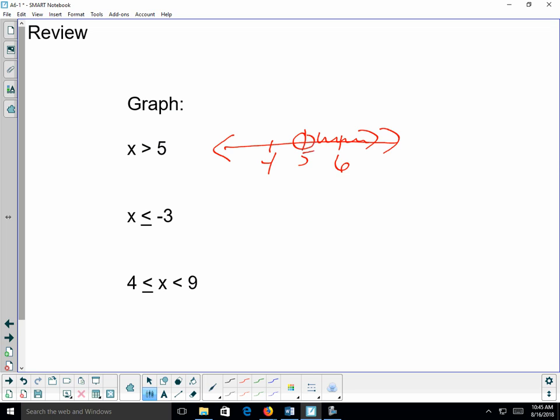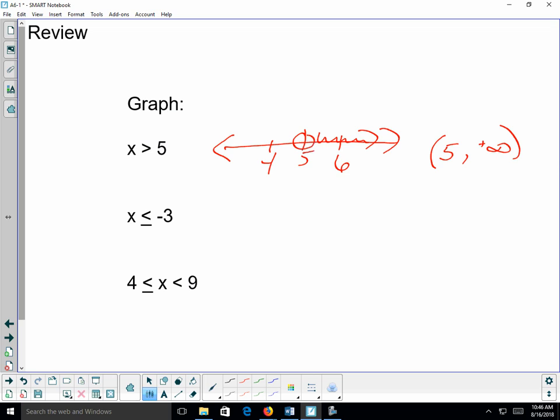To write this in interval notation, that's where I use either parentheses or brackets. My lowest number is 5, and the highest number is positive infinity. Since it does not include the 5, I'm going to write a parenthesis to show that the 5 is not actually included. And anytime I have infinity, I'm just going to write a parenthesis as well.